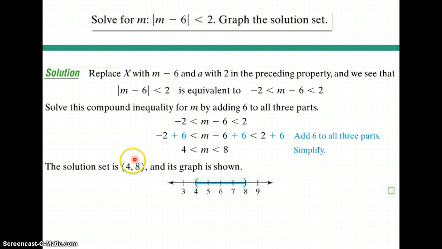So the solution set is 4 and 8, which is in the parenthesis. That means the solution set from 4 to 8 on the number line, which is shown in the graph.